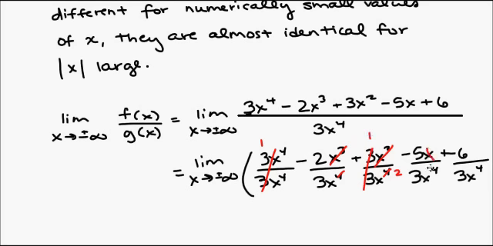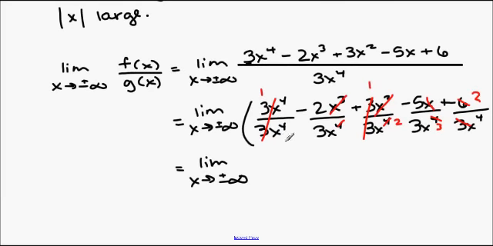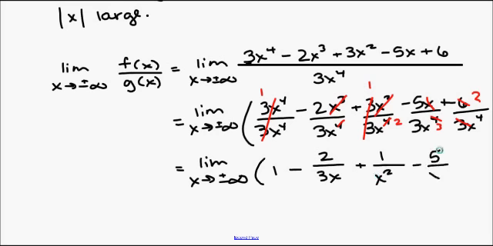Okay, so we get the limit of 1 minus 2 over 3x plus 1 over x squared minus 5 over x cubed plus 2 over x to the 4th.